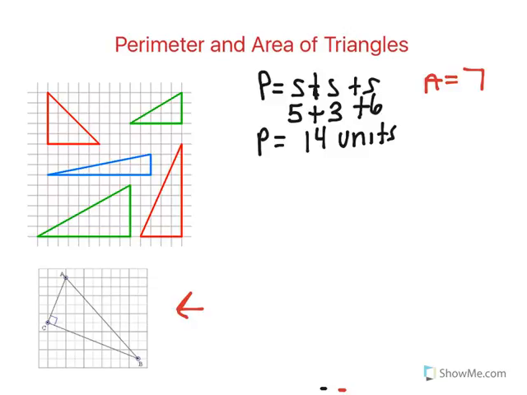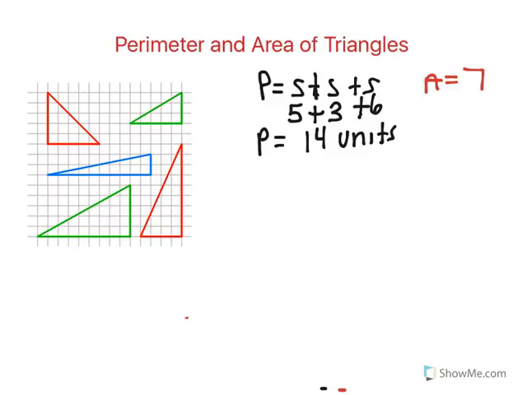So what we started to realize, and I'm going to move away from this one for now, delete that off, is that when we come back to the grid that we have, if we go back to our green triangle, if we formed this into a square, what we ended up with was 2 congruent triangles.